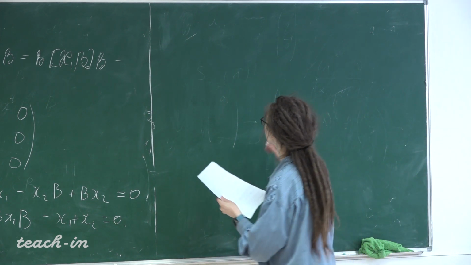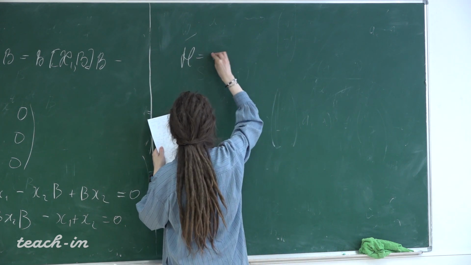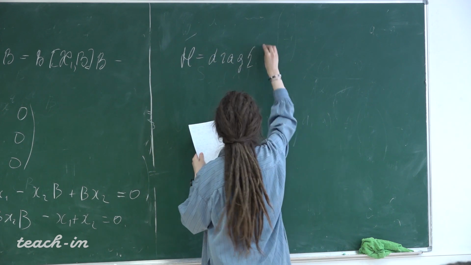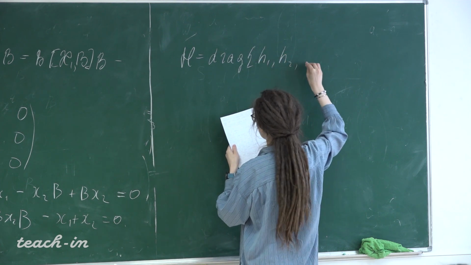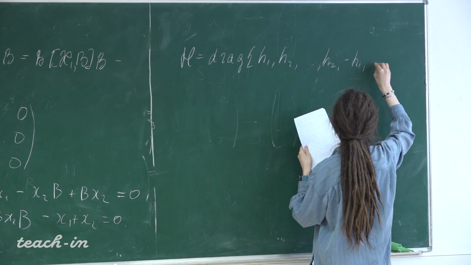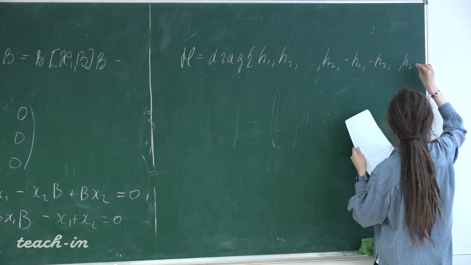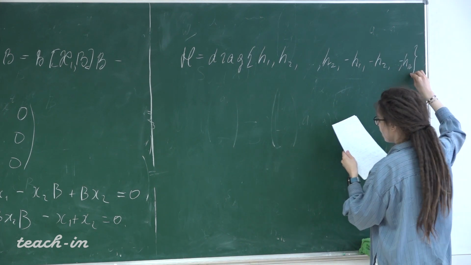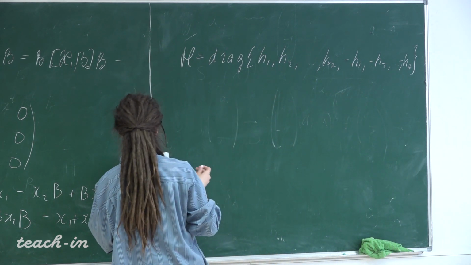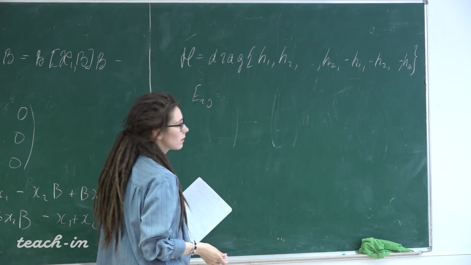Okay, so I can claim that H is diagonal, like this: H1, H2... and so diagonal matrices inside SO, inside G, they look exactly like this, right?